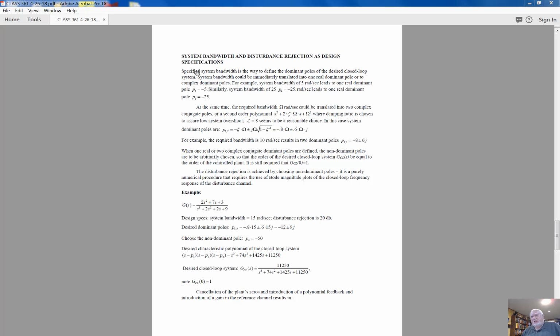So let's say that you have to have system bandwidth of 5 radians per second. What does it mean? It means that you have to have one real dominant pole equal to -5. Or let's say that you have to have bandwidth equal to 25 radians per second.